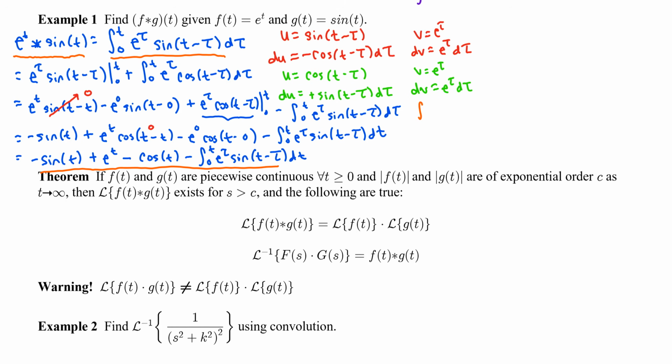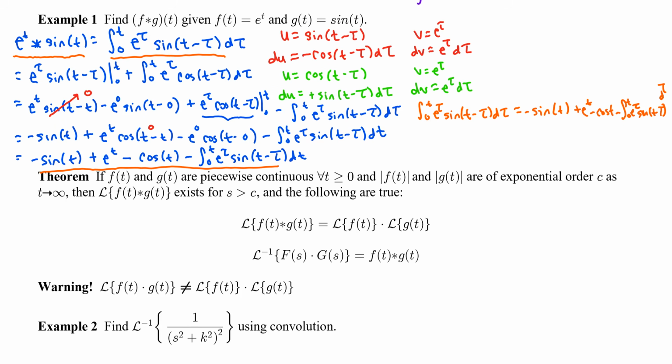The integral from 0 to t, this is the original problem, we have found is equal to negative sine of t plus e to the t minus cosine of t minus the integral from 0 to t e to the tau sine of t minus tau d tau.